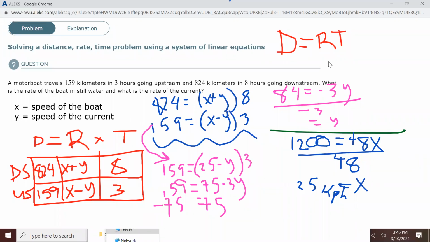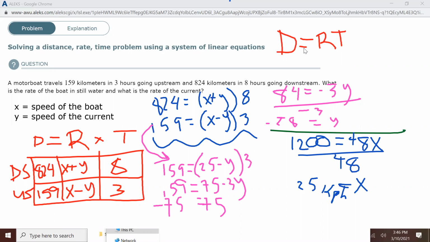Now at this point, I find that I'm going to get a negative answer. In fact, it's going to be negative 28 kilometers per hour.